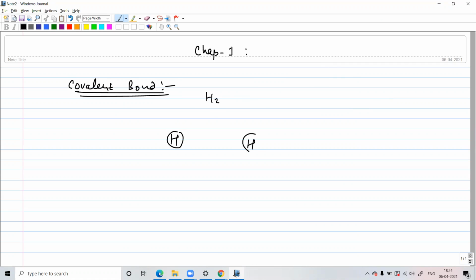Let's say this is the nucleus. And around the nucleus, you will have, of course, electrons. Since it is hydrogen, it has only K shell, only one shell, which has one electron. And you know that for the first shell, that is K shell, the maximum number of electrons it can take is 2.